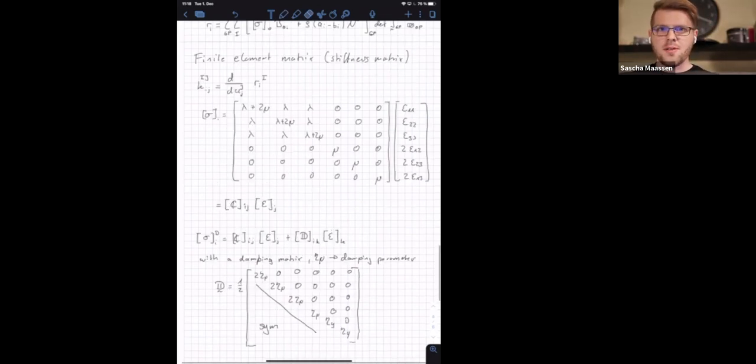I introduce here both because today we will focus only on, or we will implement only the steady state case, so the non-dynamic case of the balance of momentum. And your task will be for the next exercise to implement the dynamic form of the balance of momentum, which we will derive here, but not implement later on.